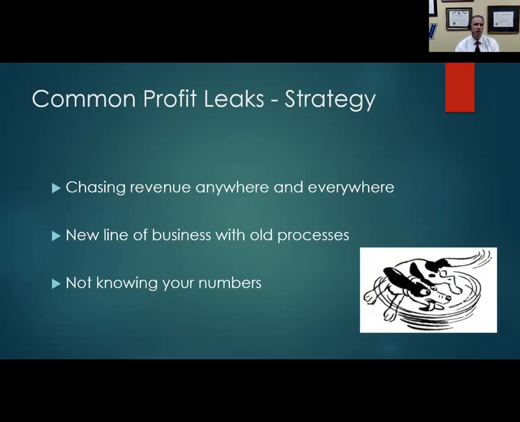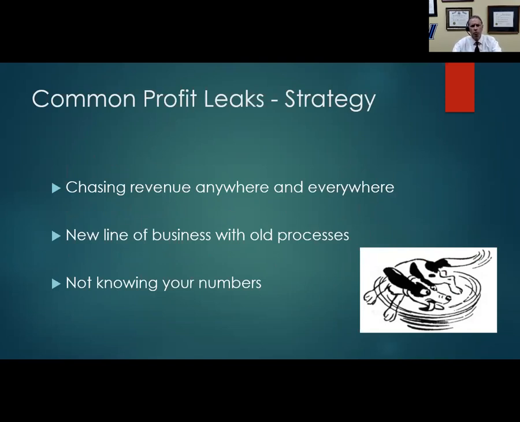You're just not doing it efficiently. It seems like a lot of money at first, but then when you add up what it took to deliver that product or that service properly, it's rarely worth its while. This is the learn how to say no to customers, clients, or frankly, employees at times here. Very hard for business owners to do, but usually a source of profit leaks for sure.